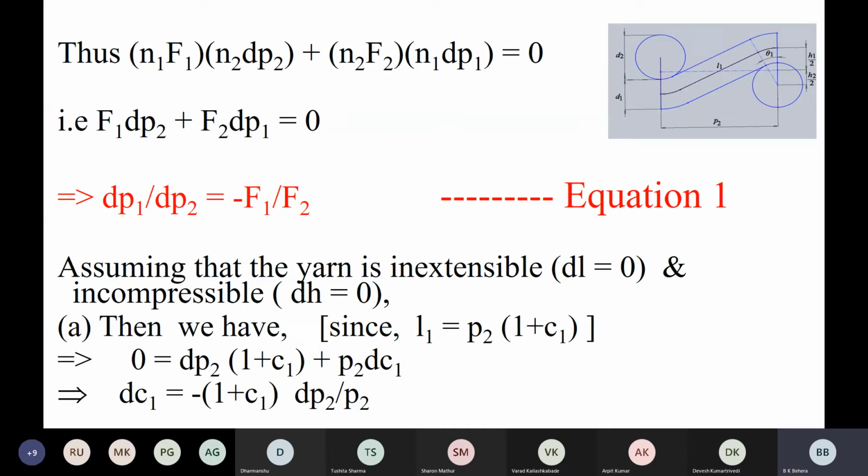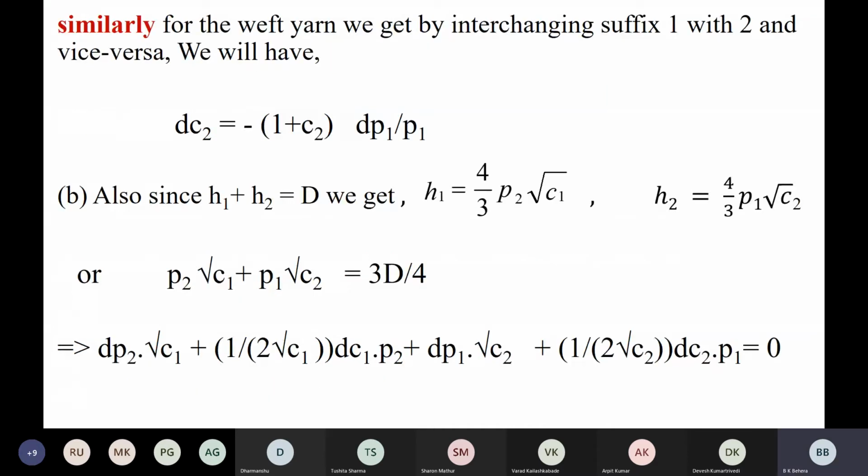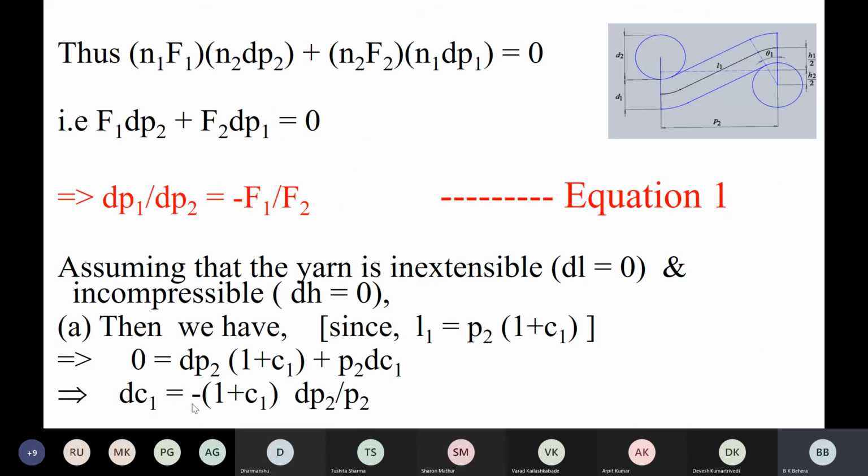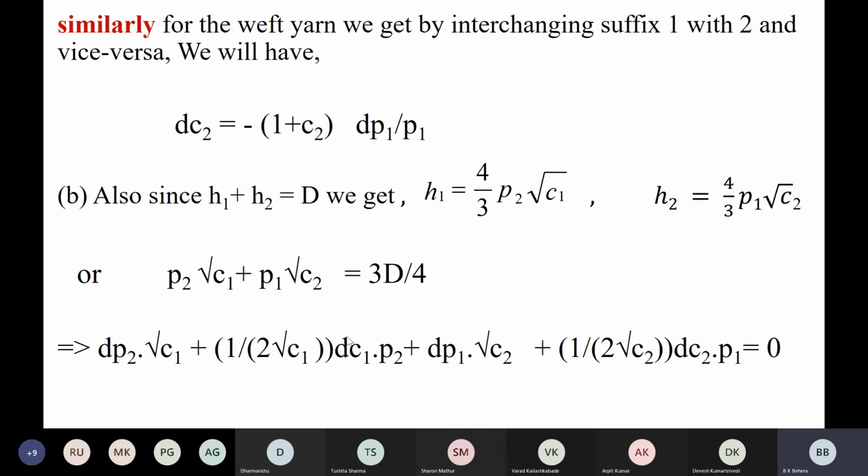I'm changing the slide now. Similarly, for the weft triangle, just change suffix 1 to 2 and 2 to 1. You will get dC2 equal to this much. We got dC1 when the yarn was extended in the warp direction. Similarly, if you want to find the deformation in the weft direction, dC2 will be minus 1 plus C2 into dP1 over P1.